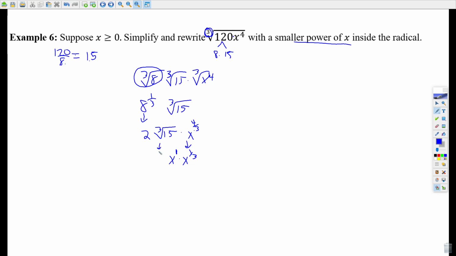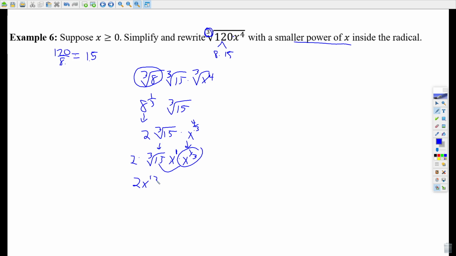And then I'm just going to copy the rest of this down. Cube root of 15 times 2. So we got a lot of junk to mess with here. Okay, so this cube root of 15 is the same thing as having this, because this is also the cube root of x. So I'm going to put them back together, and I'm going to put these two together. Since there's no roots here, we have 2. This is an x to the first.